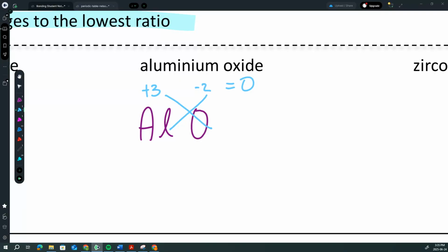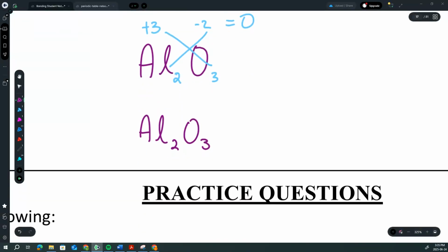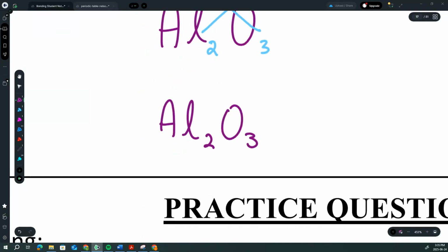Remember, we only bring the numbers down, not the charges. So I'm going to bring down 2 and 3. So let's write this a bit more neatly. So Al2O3. If you want to check how the charges are working out, we have 2 aluminums that have a 3+ charge, plus 3 oxygens, or oxide ions, sorry, that have a -2 charge.